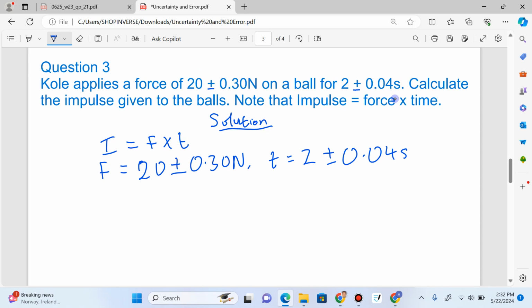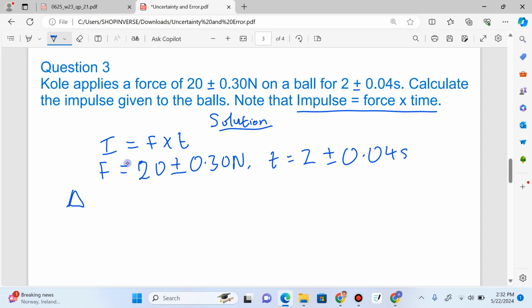What's the formula for impulse? Force multiplied by time. So am I just going to multiply these two values? No. Why? Because I have the absolute uncertainty of each of these values. So I have to start by getting the percentage uncertainty in the impulse, okay? And how do I get that?